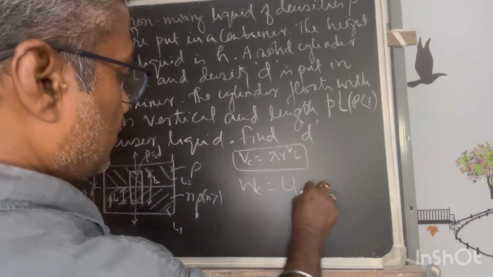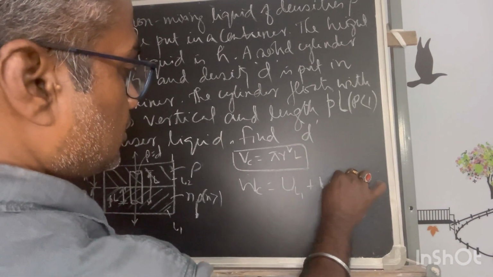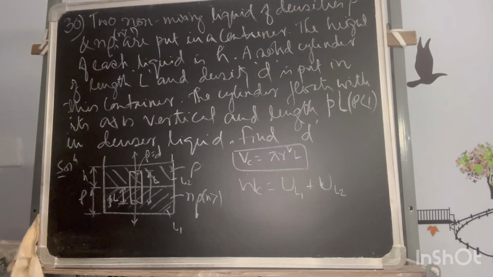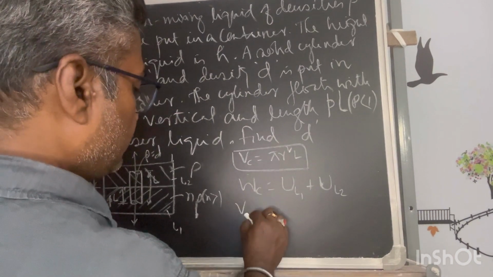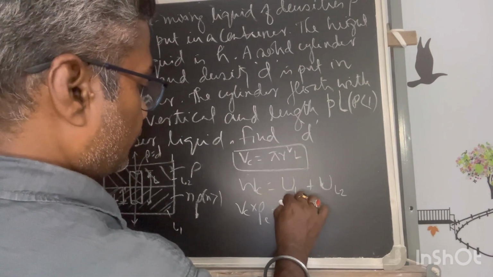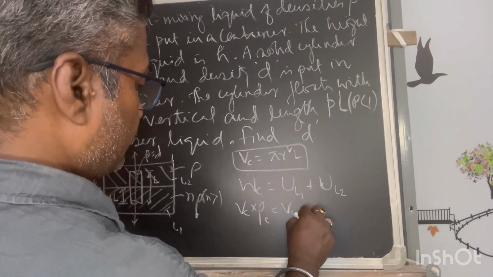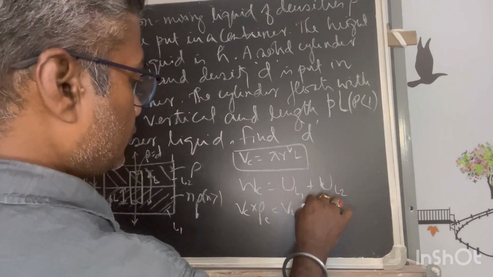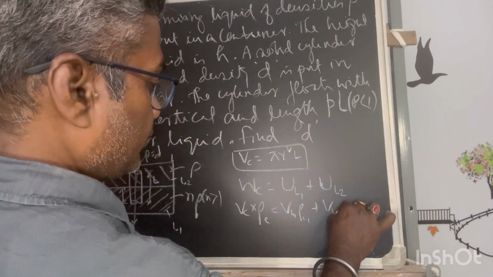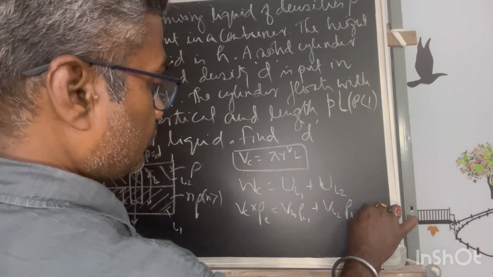So the volume of the cylinder into rho of cylinder equals volume in liquid 1 into rho of liquid 1 plus volume in liquid 2 into rho of liquid 2.